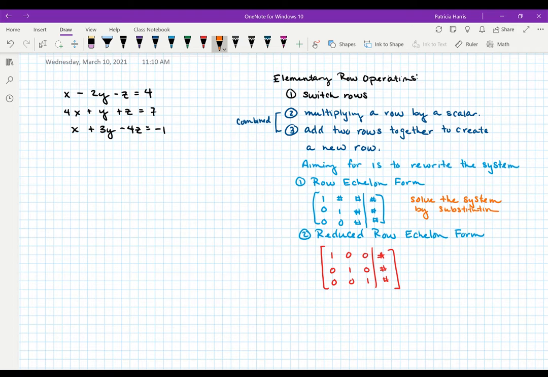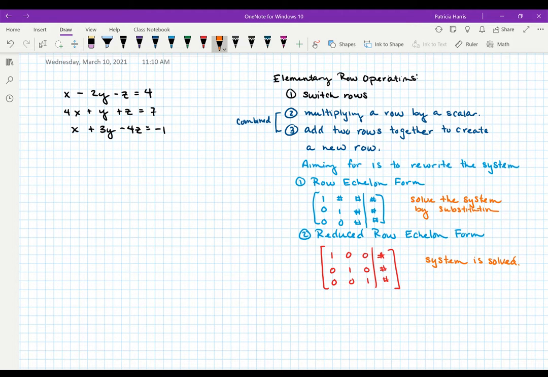Now, if you get it into reduced row echelon form, your system's solved. Okay. Now, these are also called Gauss elimination or Gauss-Jordan elimination. So if you hear somebody drop those phrases, this is what they're talking about.